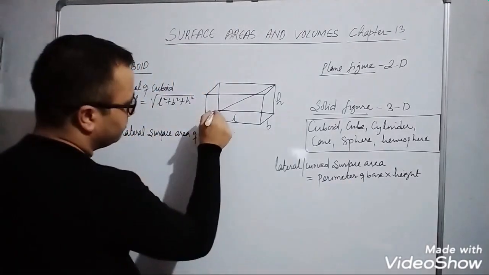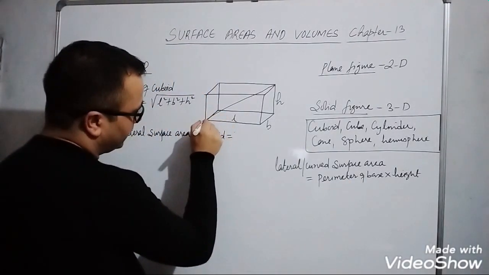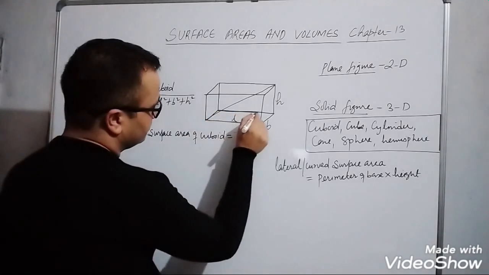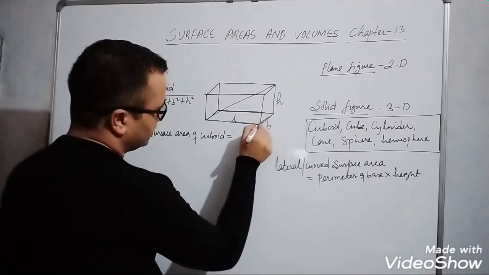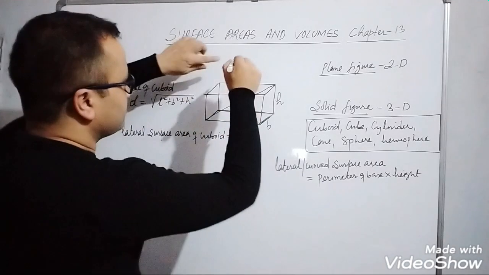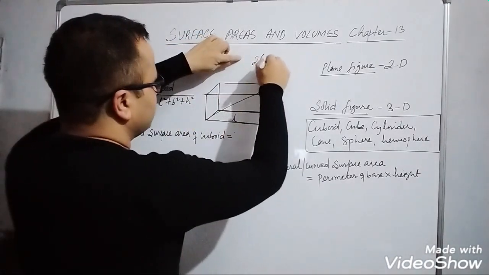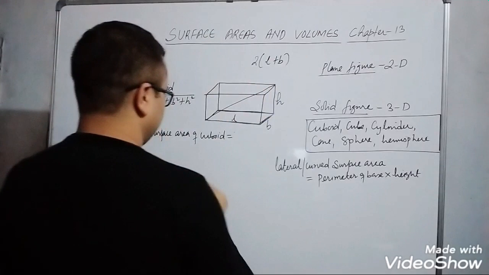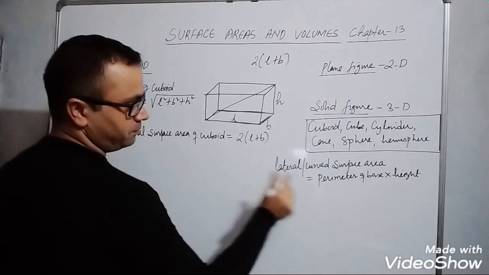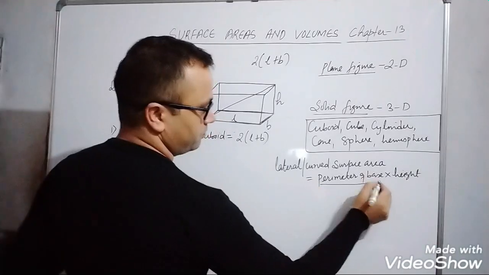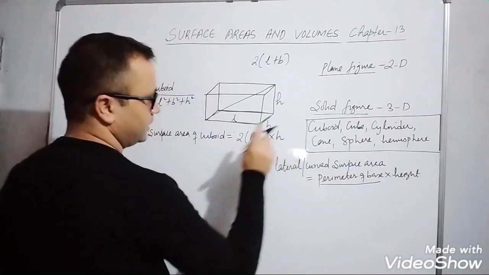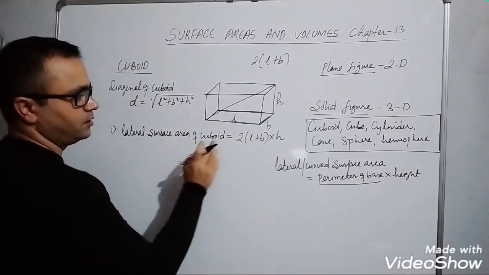What is the perimeter of the base? The base is in the shape of a rectangle. What is the perimeter of a rectangle? It is 2 times L plus B. So this equals 2(L plus B), the perimeter of base. Now we have to multiply with height, into H, which is the lateral surface area of the cuboid.